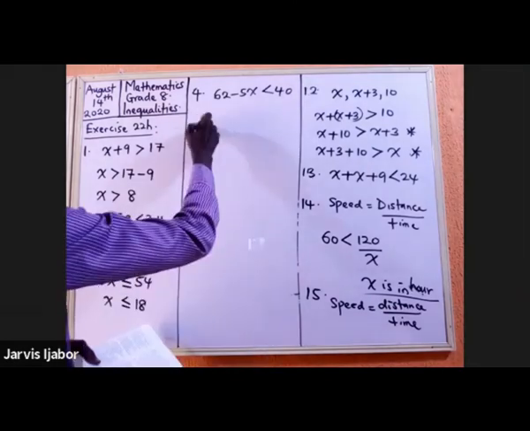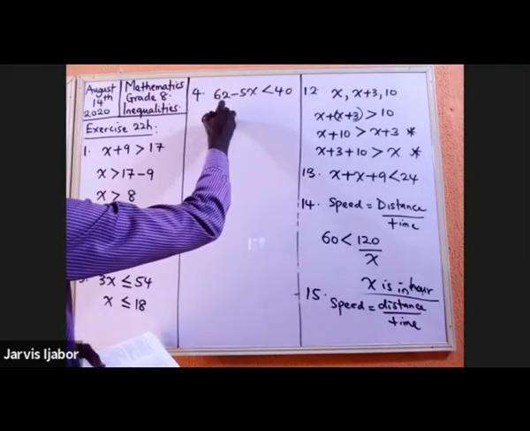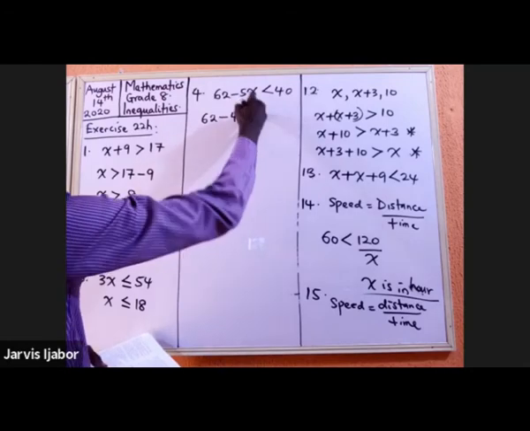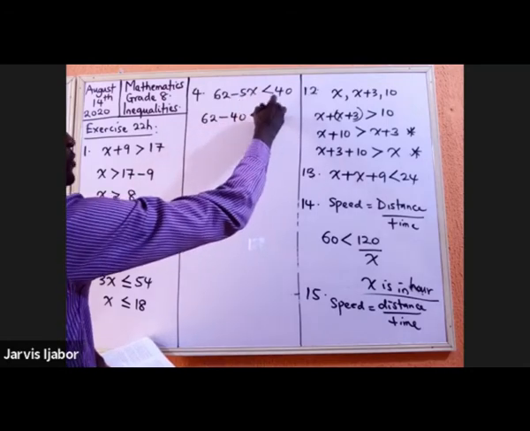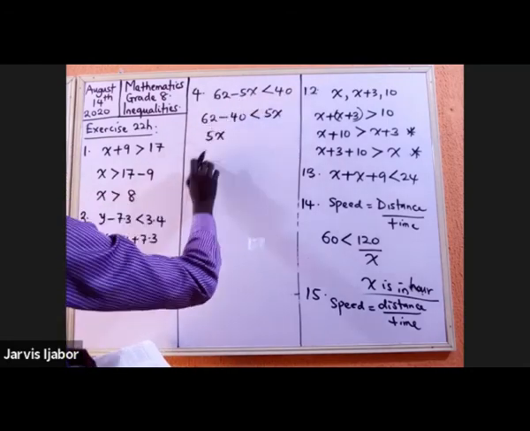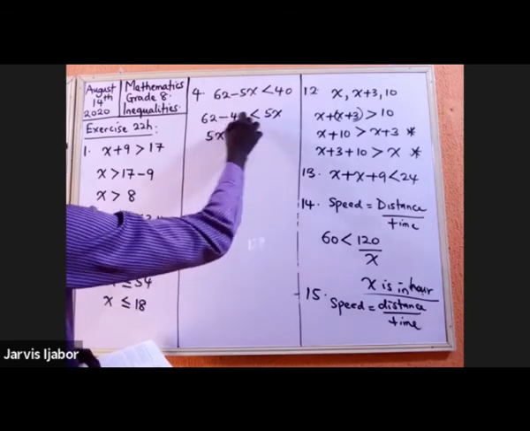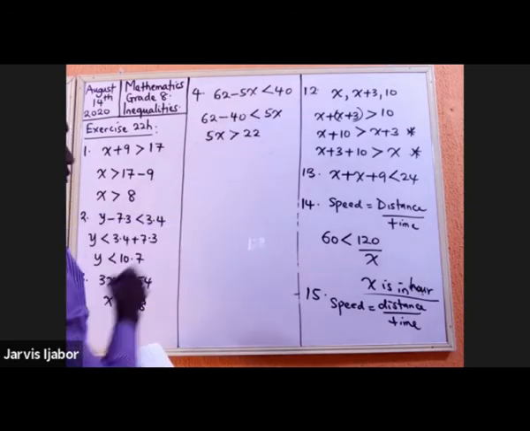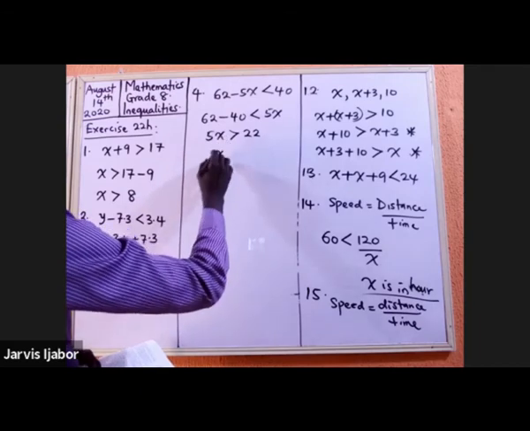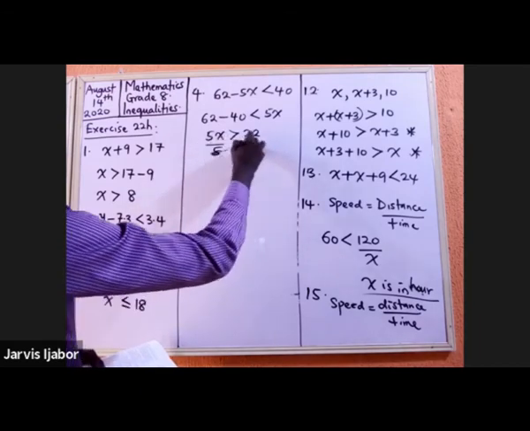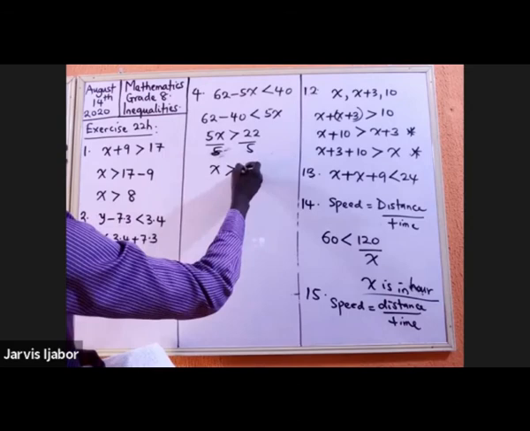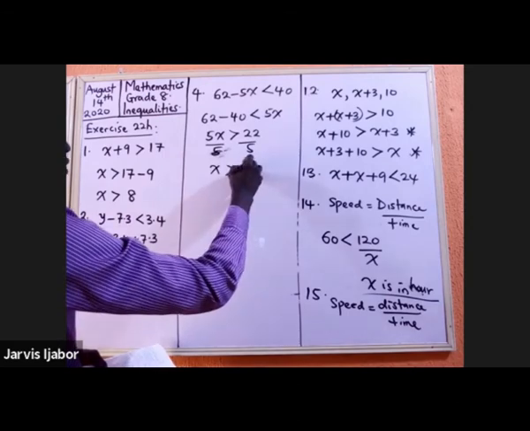Now it means that 62 minus 40 will be less than what? 5x. Meaning that 5x will be greater than what? 22. So x, I'll divide both sides by 5, and x will be greater than what? 4 whole number 2 over 5.